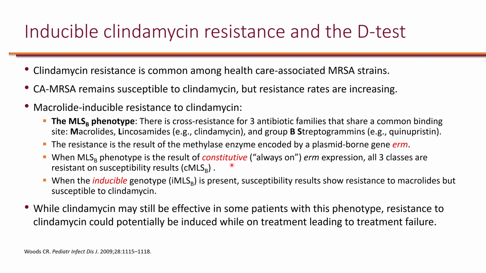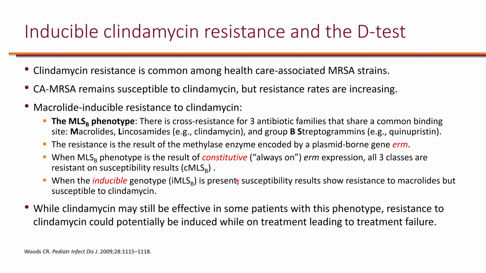So we call that constitutive expression of the gene. So if it's always on, when you get your susceptibility results back, you will see that Staphylococcus aureus is resistant to erythromycin and clindamycin, and of course, quinupristin, which we don't really test since we don't use it clinically due to a lot of adverse effects to that.